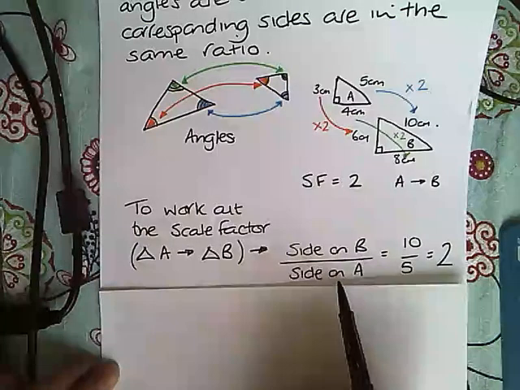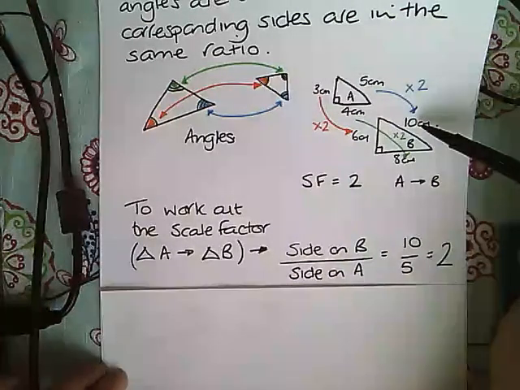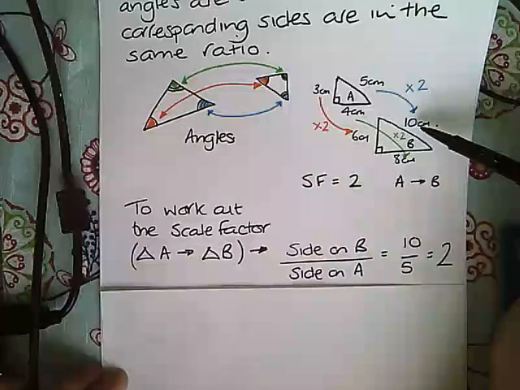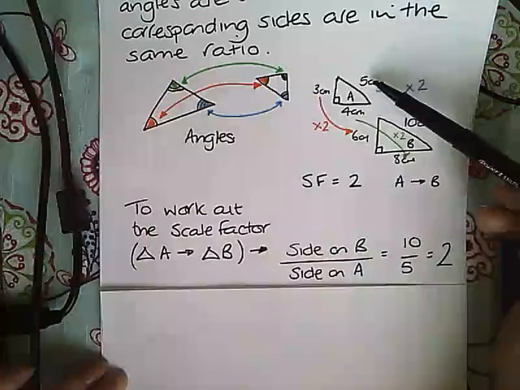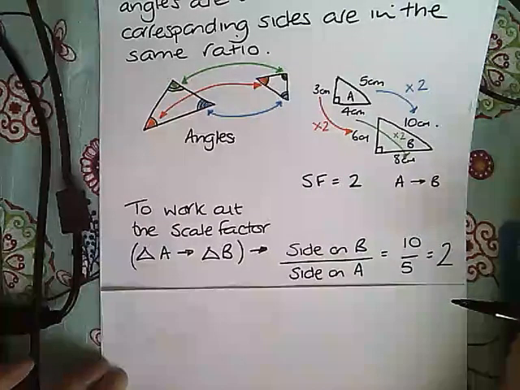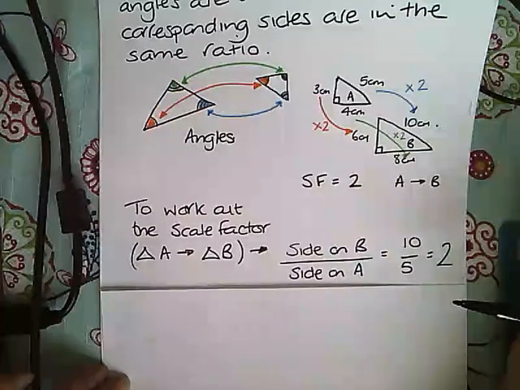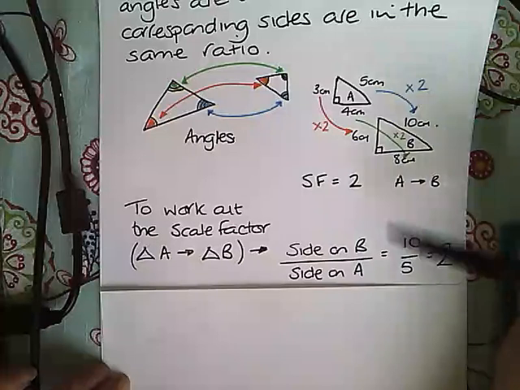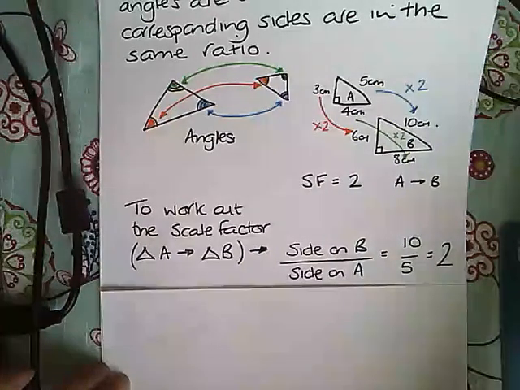In this case I'm comparing the hypotenuse, so I'm making sure I'm comparing the corresponding sides, and this is 10 on the top of the fraction and 5 on the bottom of the fraction, and that cancels down to 2. It doesn't always cancel down to a whole number, an integer, but you can still use it even if it doesn't have a scale factor which is a whole number or an integer.